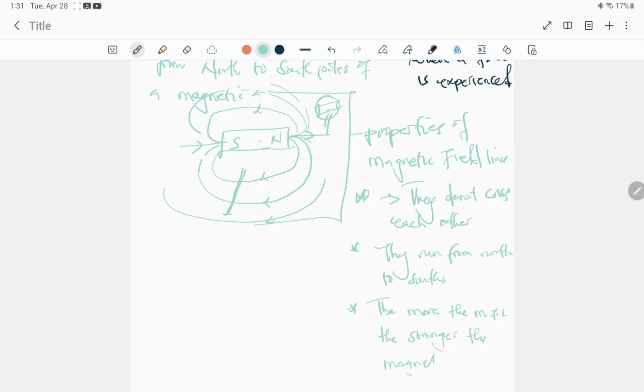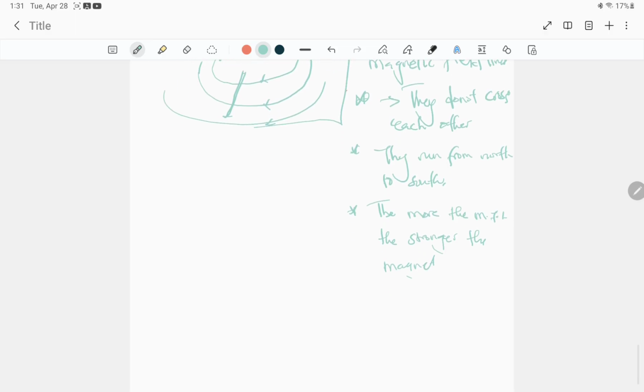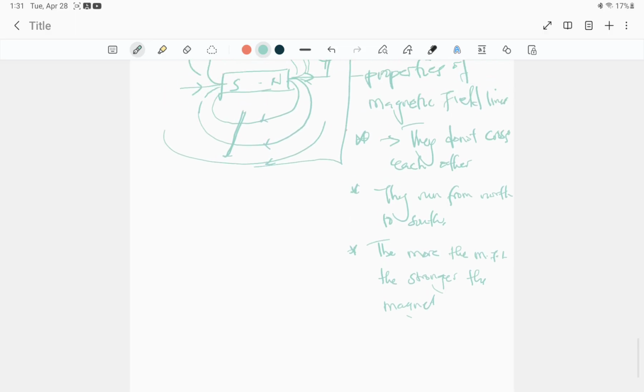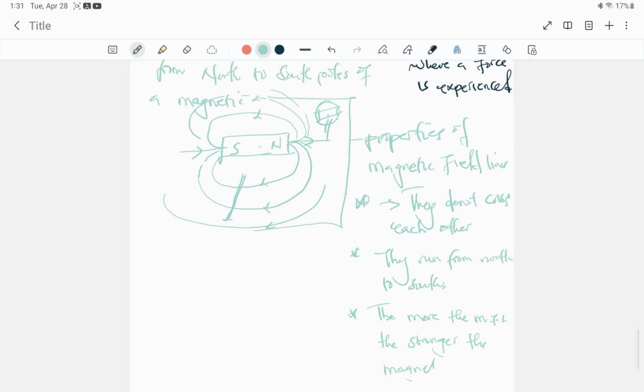So from here we can see that these lines are not crossing each other, and the more the magnetic field lines, the stronger the magnet.